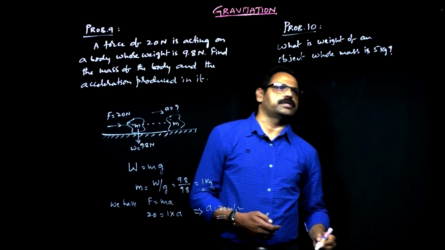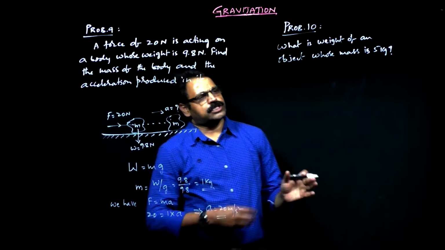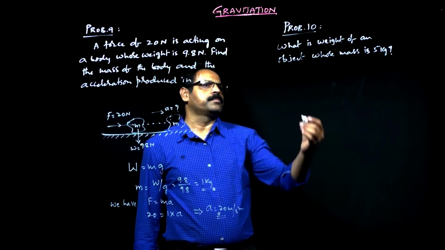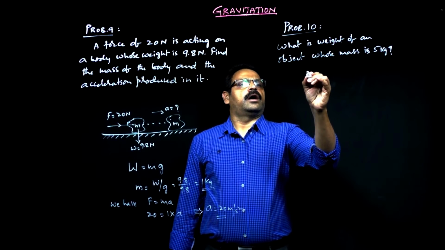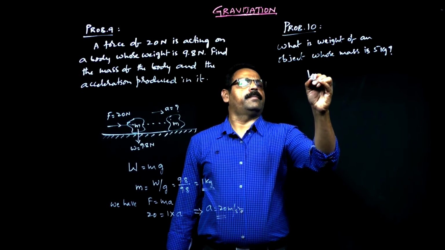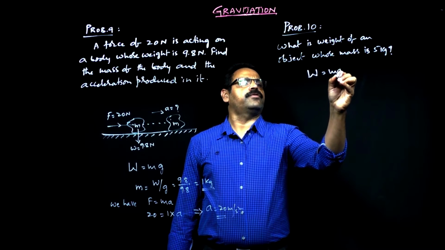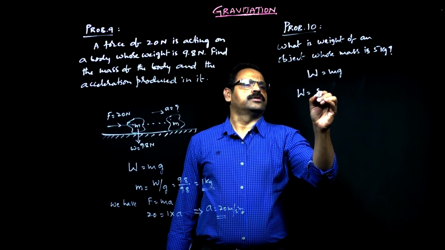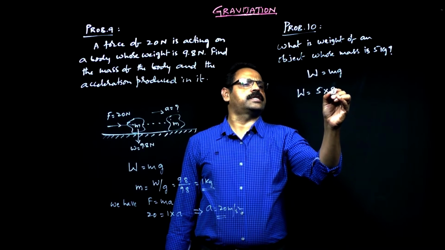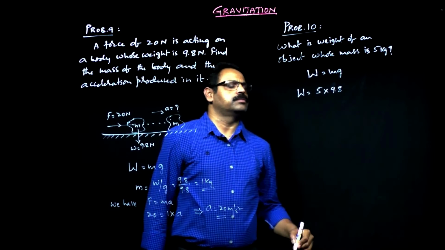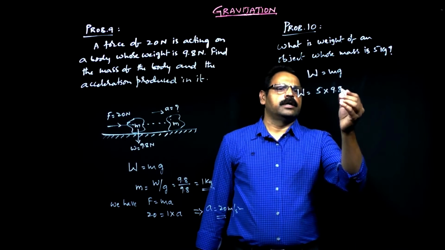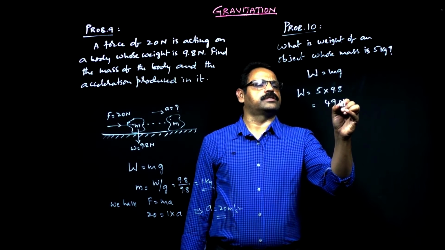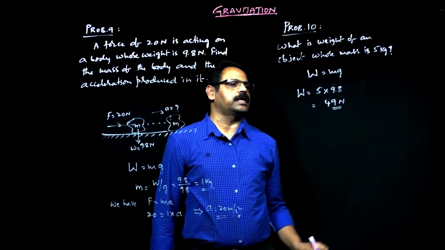It's a very simple question in fact, but just to know the difference between the mass and weight, I am giving this problem. Here weight is given as m into g. This is the formula we have, and the weight of 5 kg body. So 5 multiplied by g, which is 9.8, that we know because of acceleration due to gravity, comes out to be 49 newtons. So the weight of the body is 49 newtons.